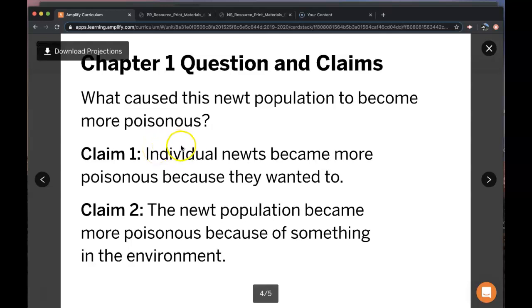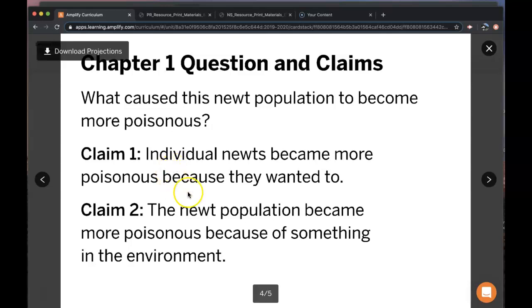So that refutes this claim that newts can just become more poisonous because they wanted to, because in that example, the non-adaptive trait of low fur, those australopes, would have grown more fur if they could. They wouldn't have chosen to shiver and die. But they can't. So they shivered and died. So claim 1 is refuted by evidence, so we know that this cannot be the answer to the chapter 1 question.